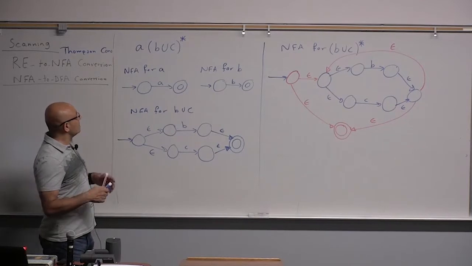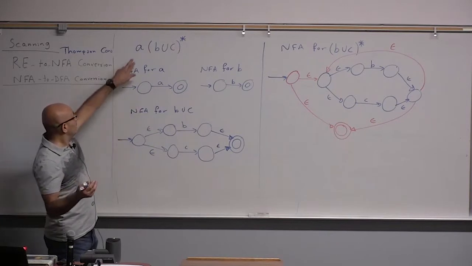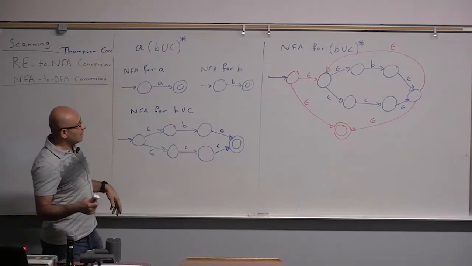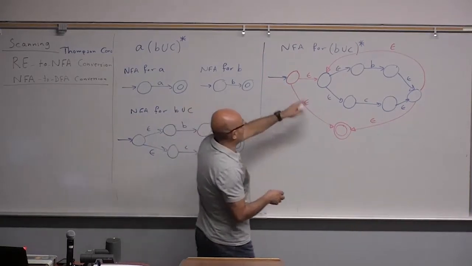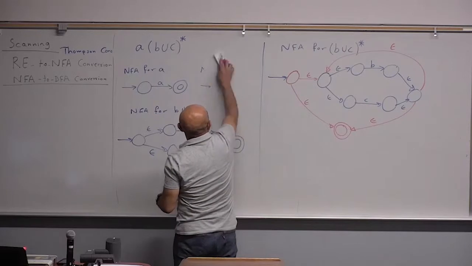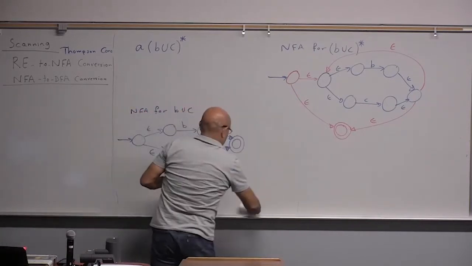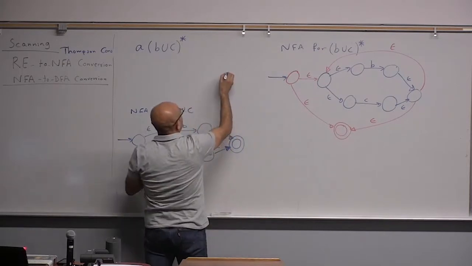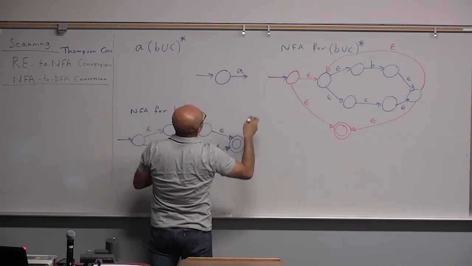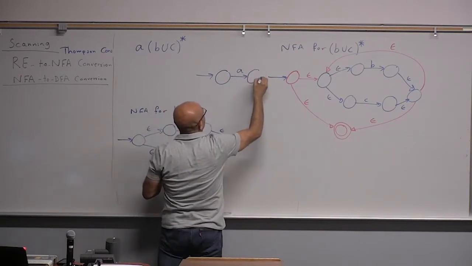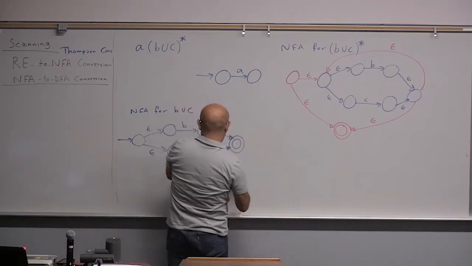Now what remains is what? What's the last step? Adding A. So concatenating A with this. And concatenating means just you stick the A before this. So I'm not going to draw this again. I will just put the A. So this is the A. And yeah, so the A is going to get connected to this using an epsilon.